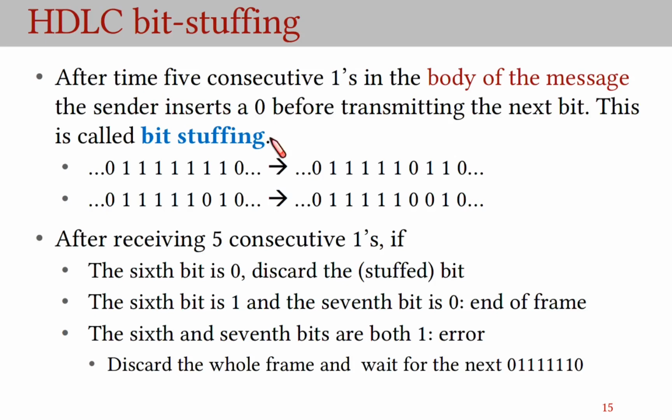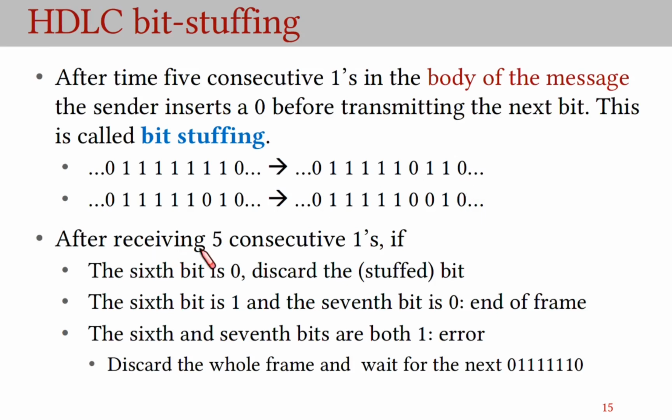And that's called bit stuffing. And so suppose we have this example of 0 followed by 7 ones followed by 0 appearing in the message. And so after bit stuffing, this becomes 0 followed by 5 ones followed by a 0 followed by 2 ones and a 0.